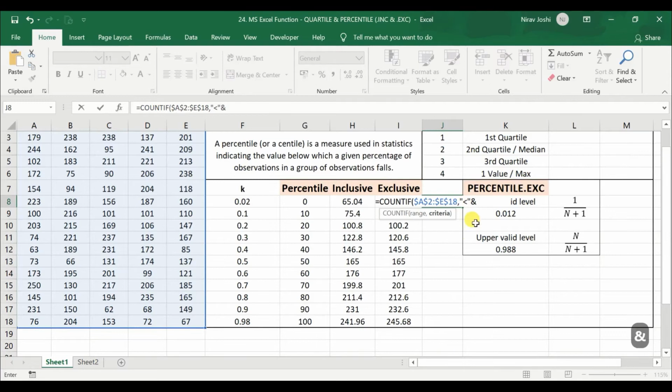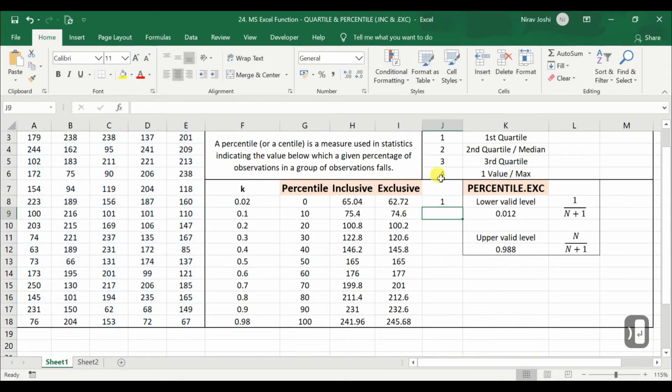So we are using this less than sign and the operator, and to join them both, we are using this I8 cell, that is the first cutoff, as the reference, and press enter, and we will drag them down.